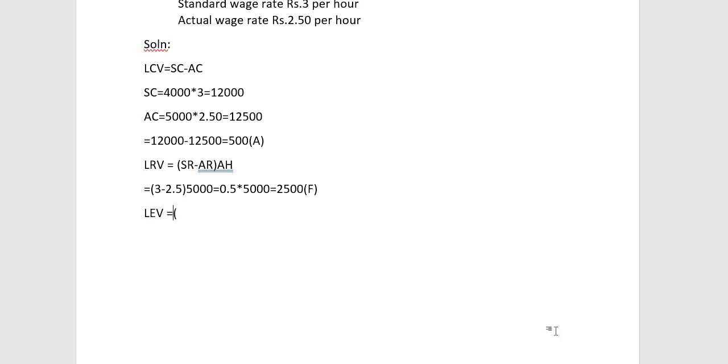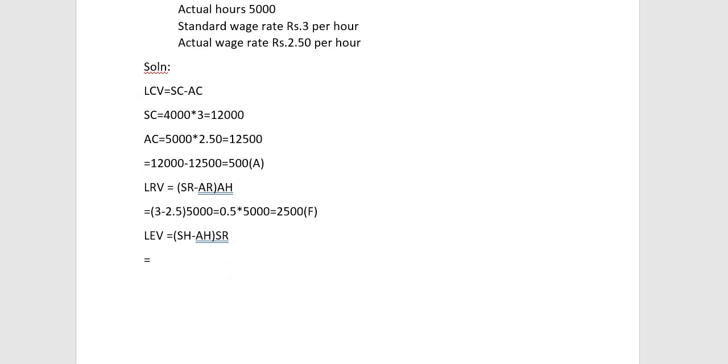Labor efficiency variance means how efficient our hours are. It is standard hours minus actual hours, multiplied by standard rate. Standard hours is 4000, actual hours is 5000, and the standard rate is 3 per hour.